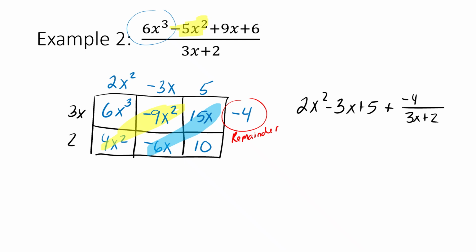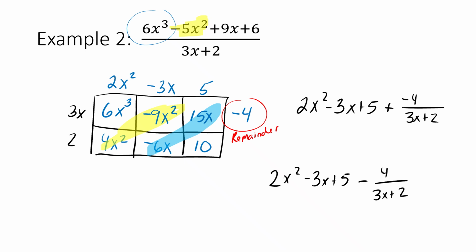So you take your remainder and you write it over your divisor. You could also write this, and I kind of alluded to this earlier, instead of saying plus negative, you could say minus 4 over 3x plus 2. Either one of those notations would be correct. And that's how we handle the remainder.